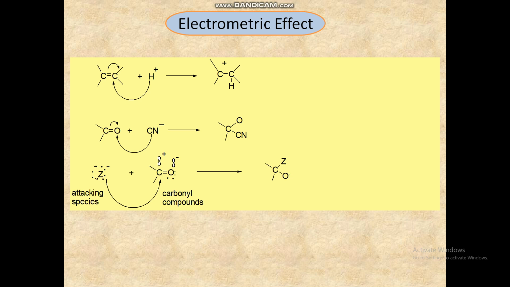So the carbonyl group becomes polarized, but this state is temporary, because the molecule regains its original condition upon removal of the attacking reagent.